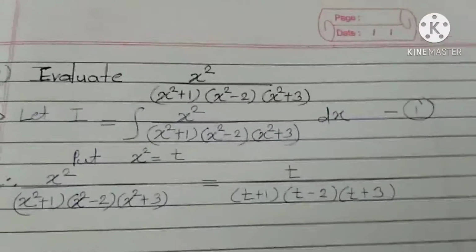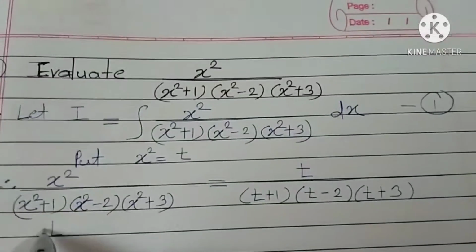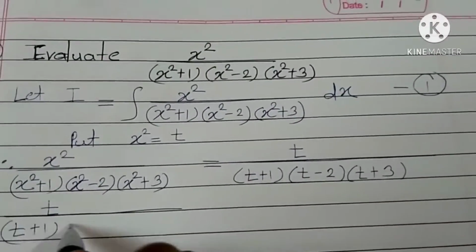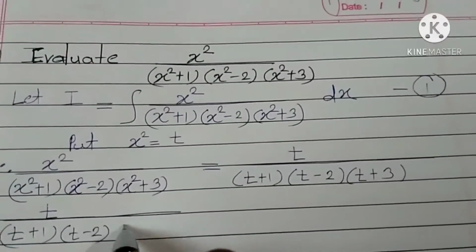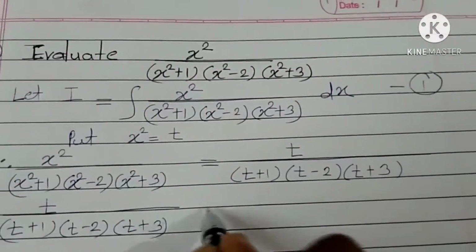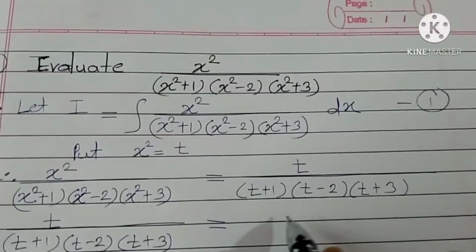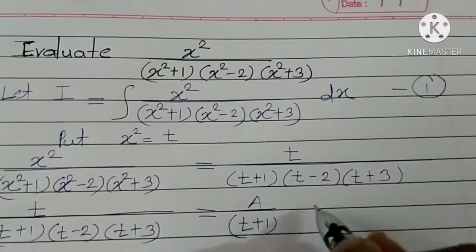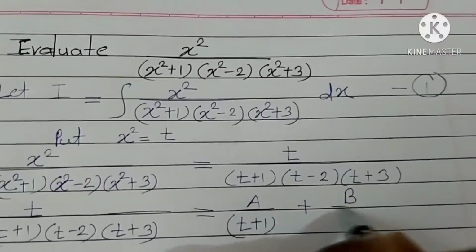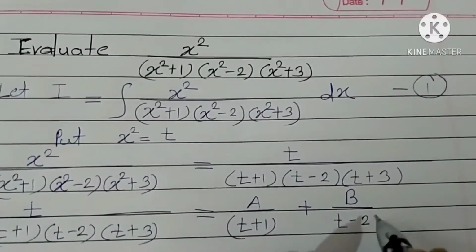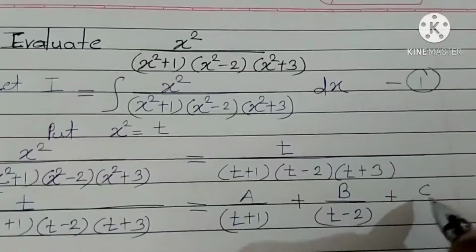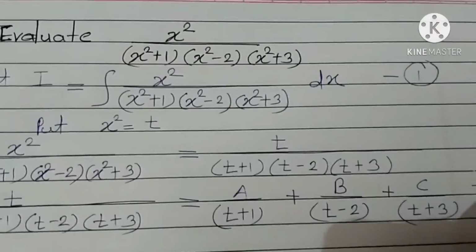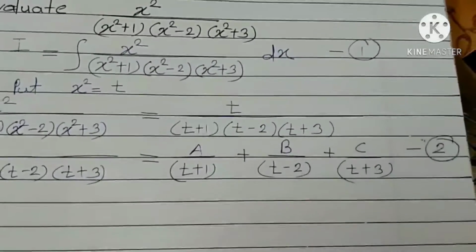Okay, now reduce it in partial fractions. So t upon (t plus 1)(t minus 2)(t plus 3), here unknowns, A upon t plus 1 plus B upon t minus 2 plus C upon t plus 3. These are three unknowns. Give it equation second.